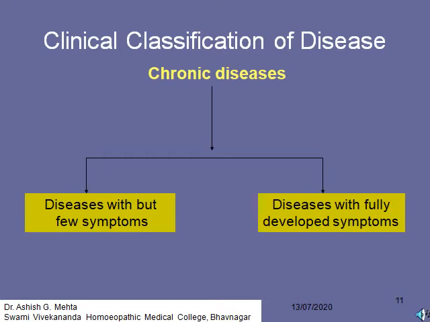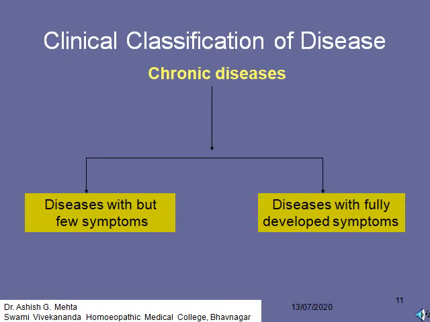Now try to understand the meaning of diseases with few symptoms. It does not mean that we make a mistake in case taking and we get only a few symptoms. But Dr. Hahnemann wants to guide us that even after skilled interrogation or skilled case taking, we only get few symptoms which are perceptible to our senses.